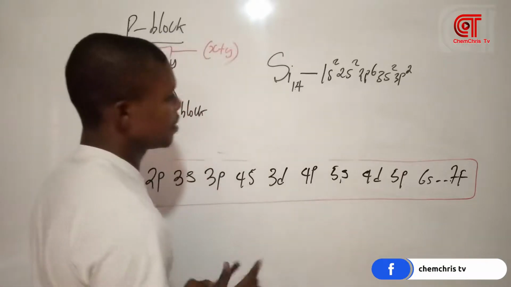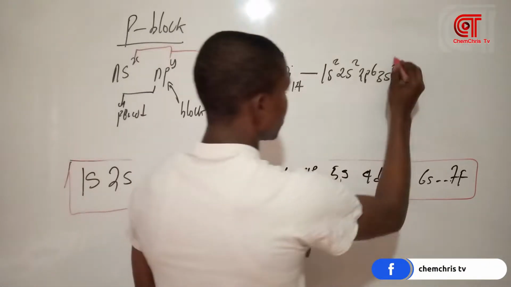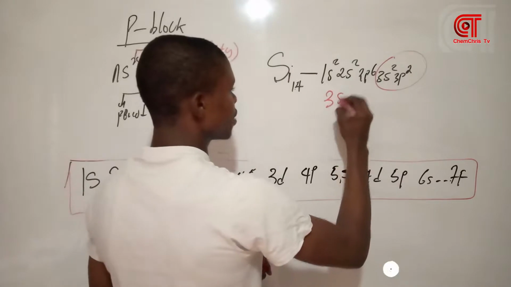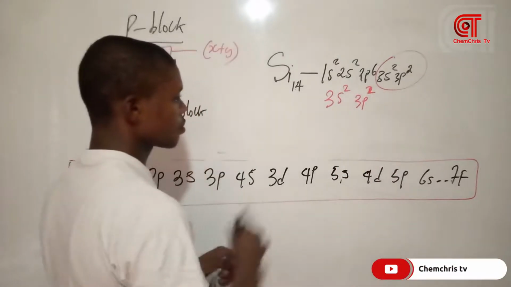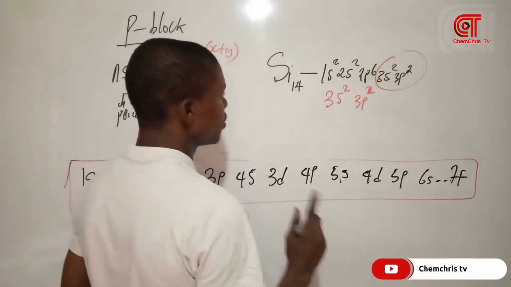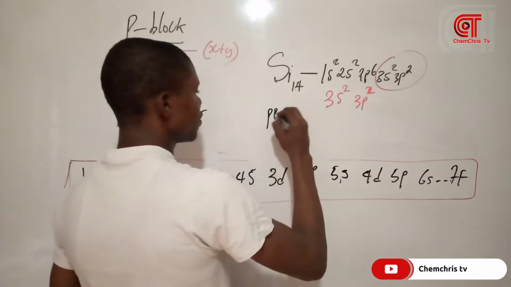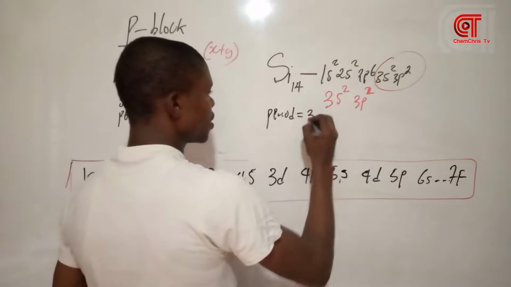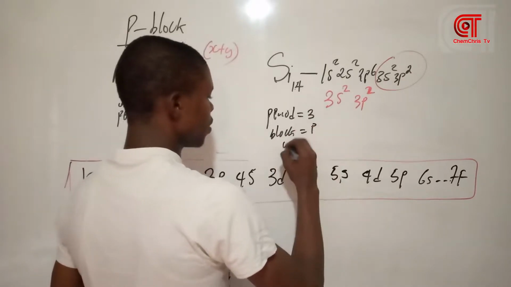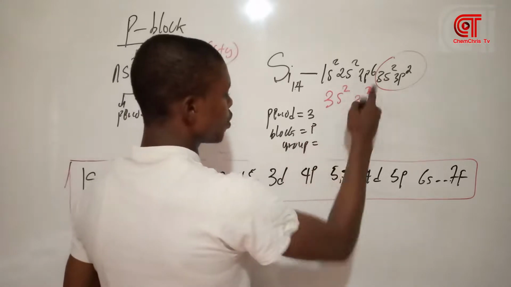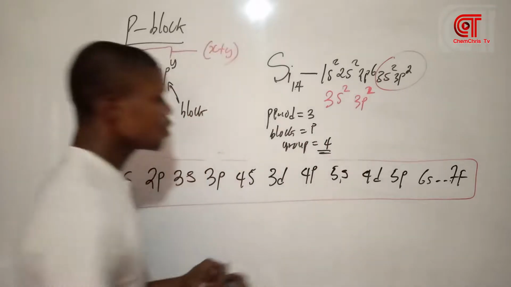So how are you going to do that here? I'm going to take this one here. You've got 3s2, 3p2. Right? So my period is 3, block p, group 2 plus 2 is 4. So you see how easy it is.